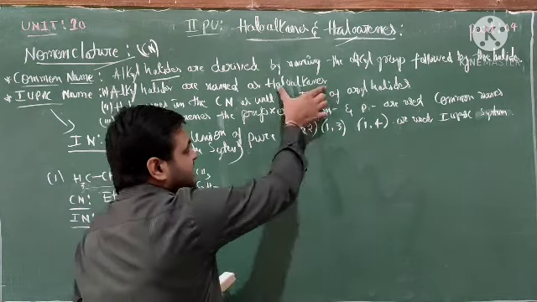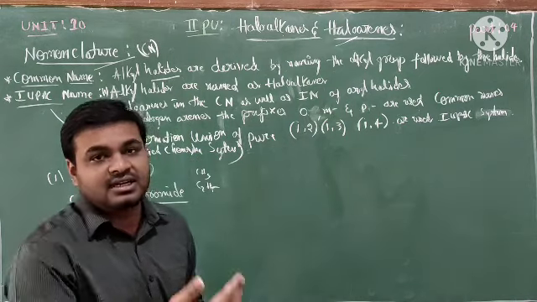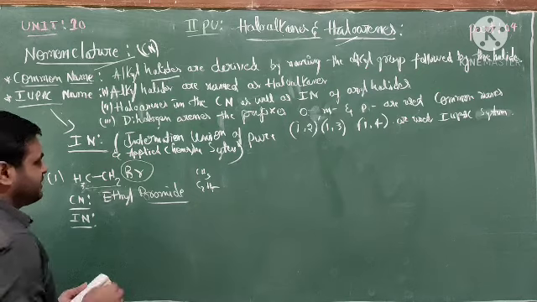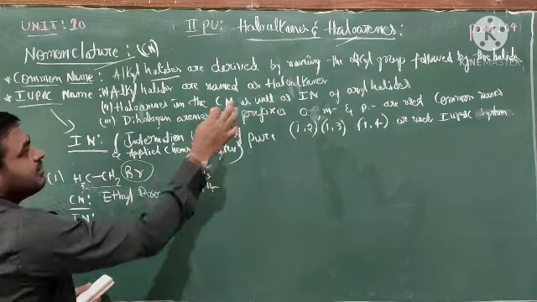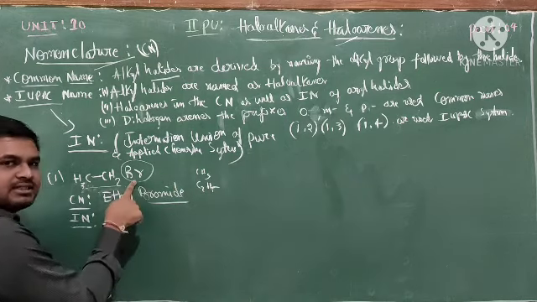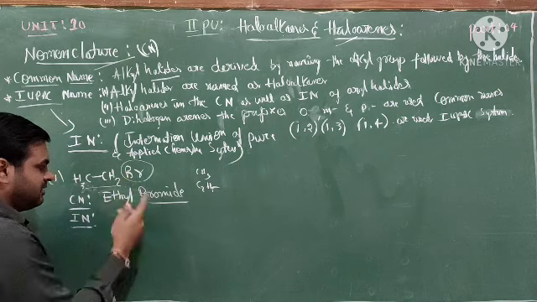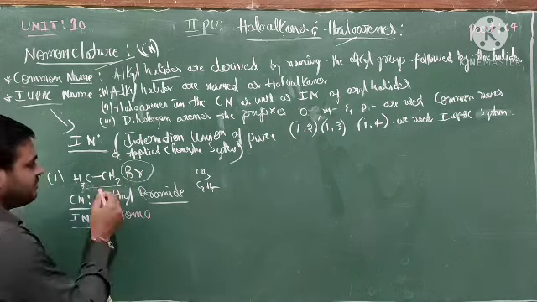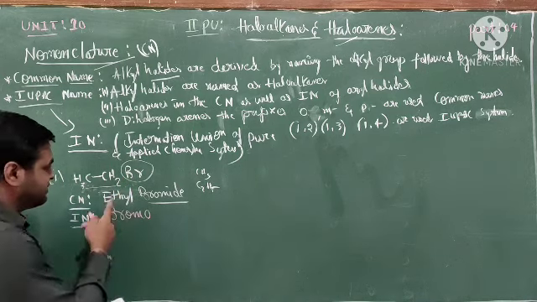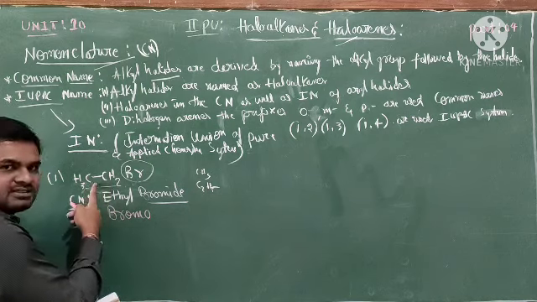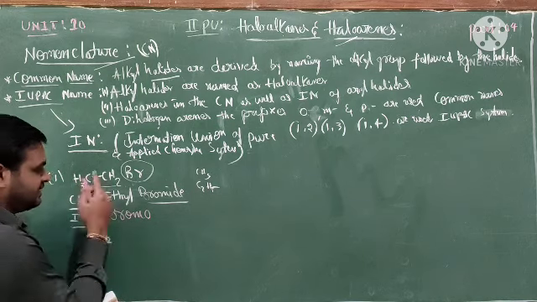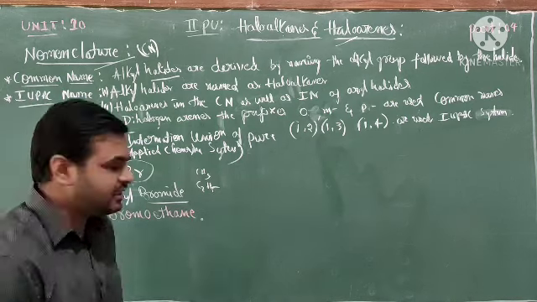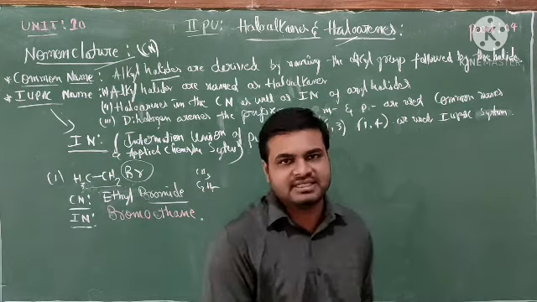Because haloalkanes are derived only from the alkane group. So for the IUPAC name, this is bromine, called bromo, then the alkane, this is ethane. So it is bromoethane.